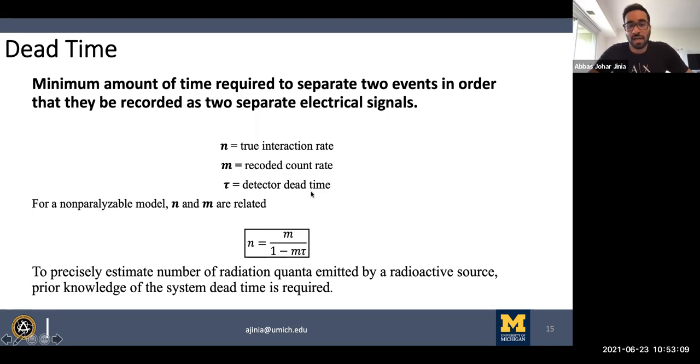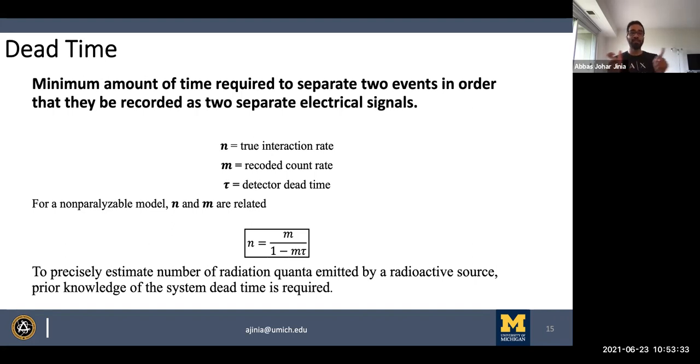Your true interaction rate is going to be higher than your recorded count rate because your detector will take some amount of time to collect all the charges, or all the electrons, produced by the gamma ray, converted into an electrical signal.